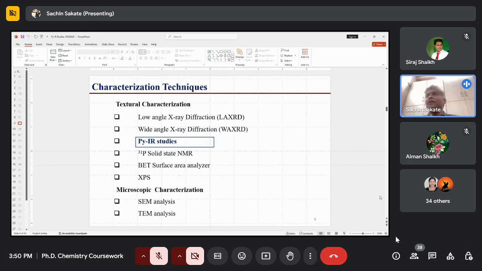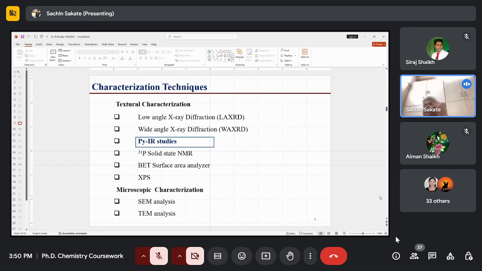Solid state NMR: is it really the case that I can do the NMR? Yes, you can do the NMR spectroscopy of your catalyst as and when required. That is very important, because if your catalyst needs that study, you can have the analysis done by solid state NMR.